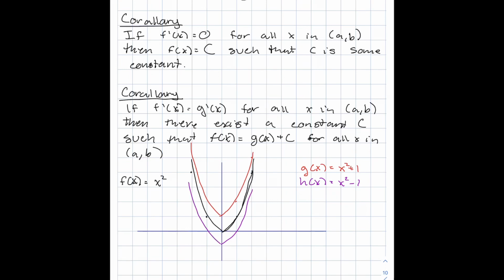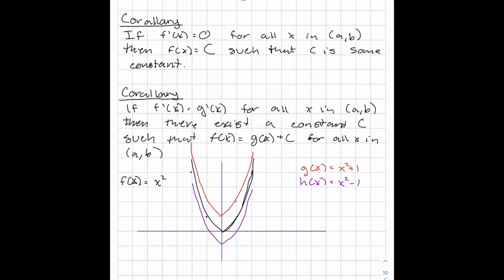They're all the same overall function, but we're just shifting a little bit. But you can see if I take the derivative, that constant has derivative 0, so I'm going to get the same derivative.